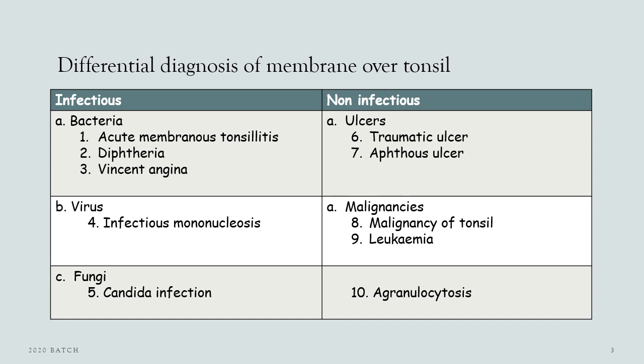And under fungi, we have Candida infection. Coming to non-infectious causes, we have ulcers, we have malignancies, and we have a condition called agranulocytosis. Under ulcers, ulcers could be a traumatic ulcer or aphthous ulcer, which is nothing but a stress ulcer. And malignancies can be malignancy of the tonsil itself or leukemia.